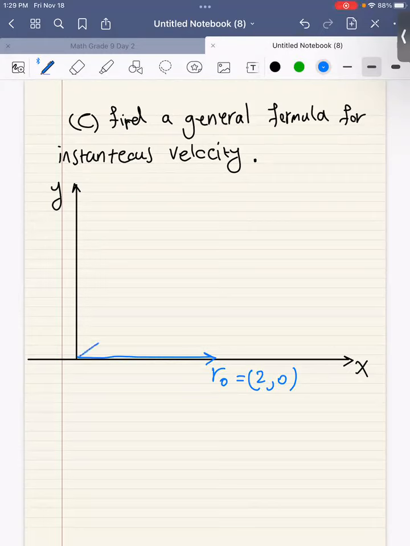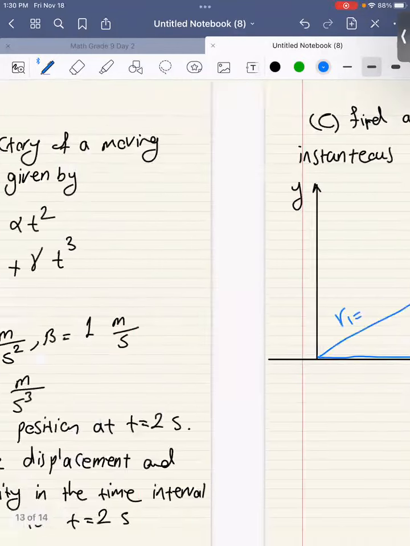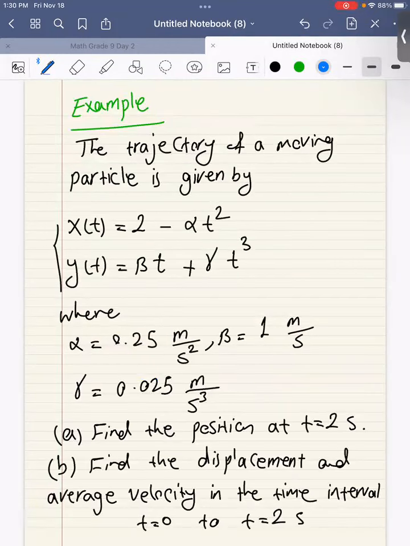Okay, now what is R1? Let me just copy this.